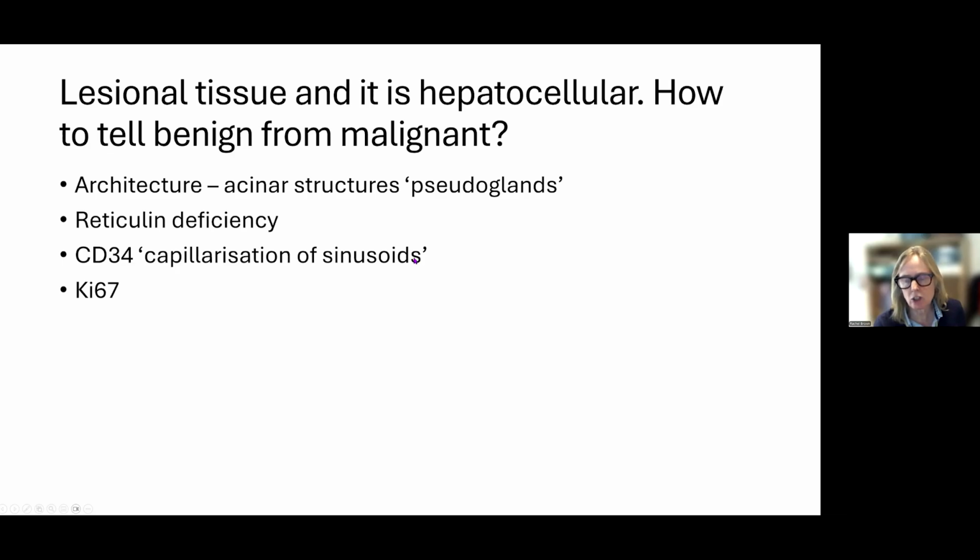As I illustrated before, in lesions, you can get more extensive expression in the sinusoidal endothelium with CD34. It's referred to sometimes like this, the capillarization of the sinusoids. And Ki67, we've started including that in our panel relatively recently, and it's not always helpful, but just occasionally it has been in asking yourself that question, am I in lesion and is it benign or malignant? We do include that now in our panel if we've got enough tissue.